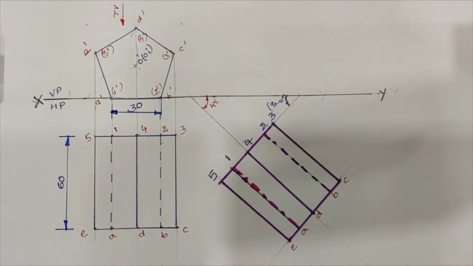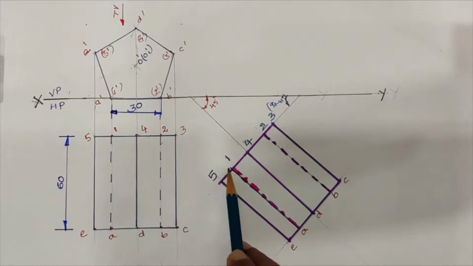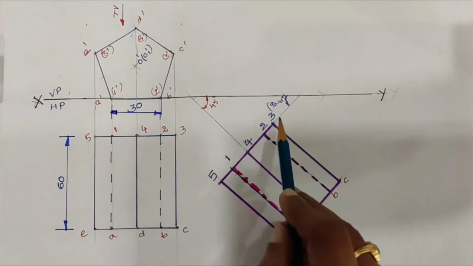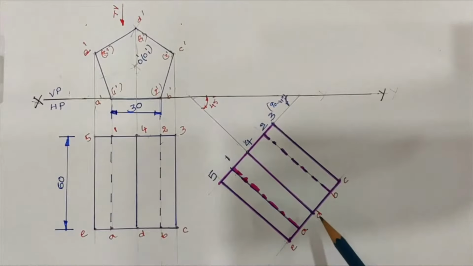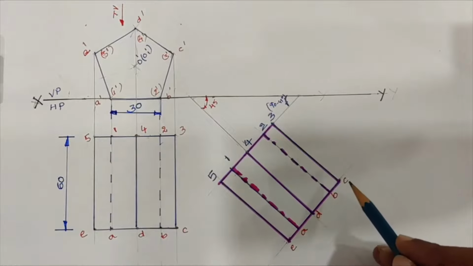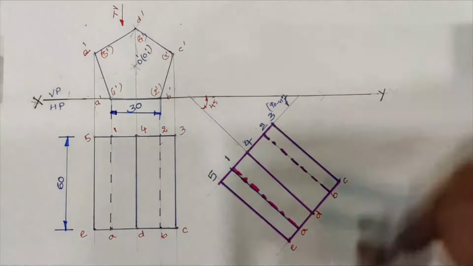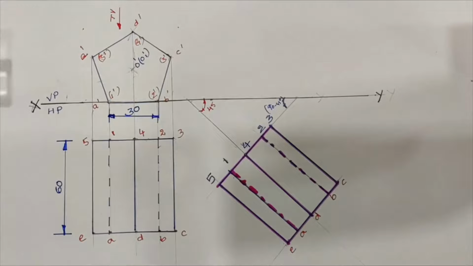For that, we'll draw projectors through the points 5, 1, 4, 2, 3, E, A, D, B and C towards the vertical plane.